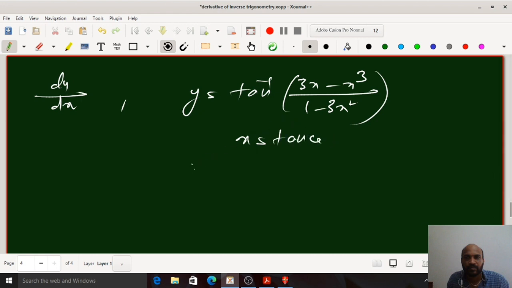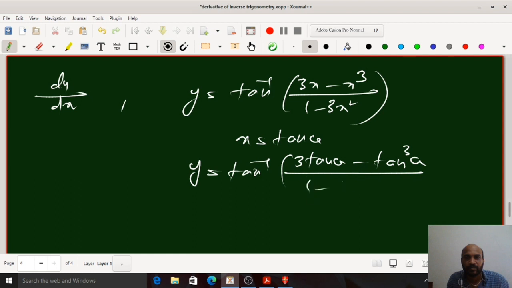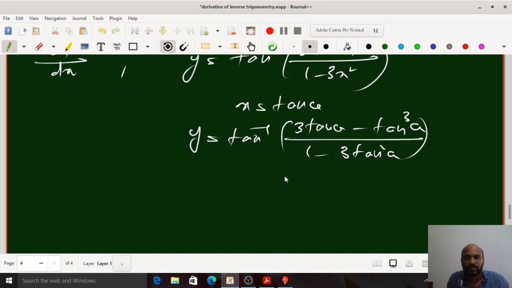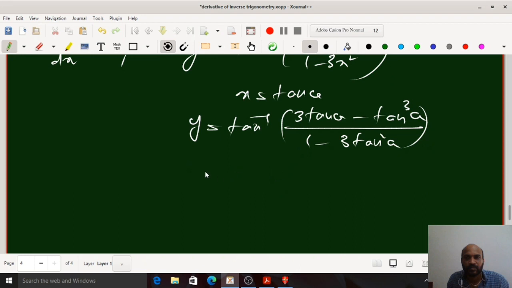So when x equal to tan theta, this expression changes to y equal to tan inverse of 3 tan theta minus tan cube theta by 1 minus 3 tan square theta. So one formula, right? 3 tan theta minus tan cube theta by 1 minus 3 tan square theta is tan 3 theta.